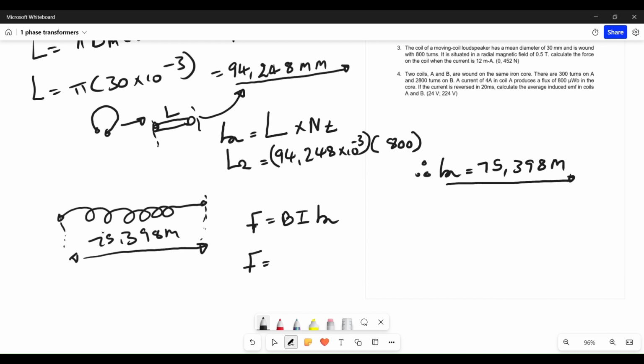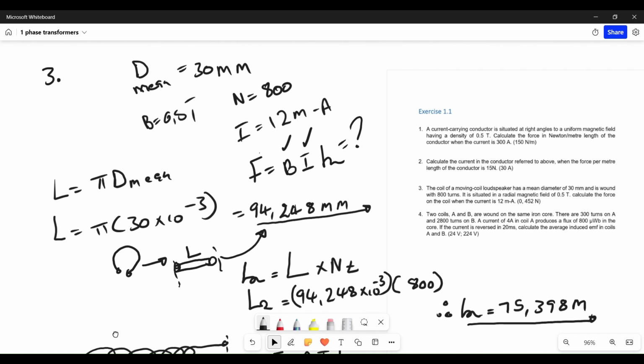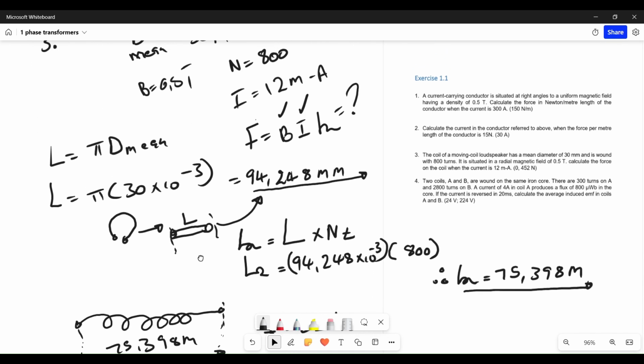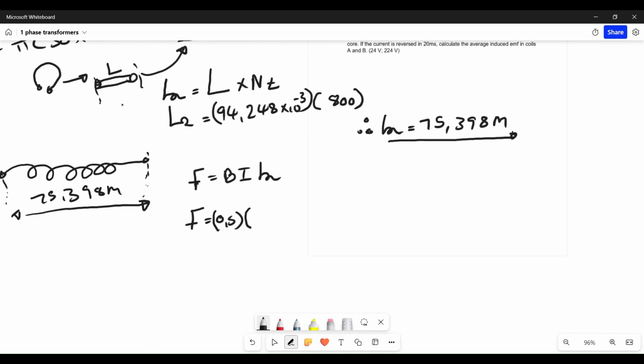So we know that the B that we're gonna use is 0.5, and then our I is 12 times 10 negative 3, and then our L, we calculated the L, it's 75.398.